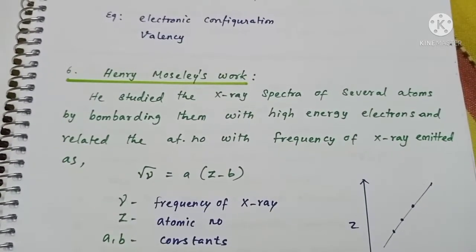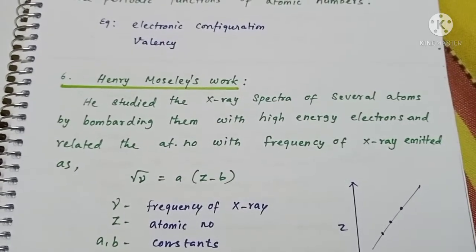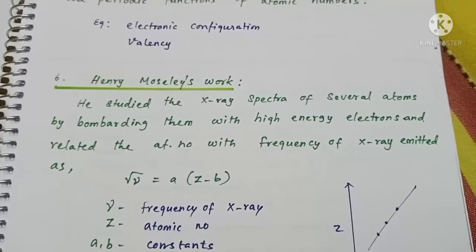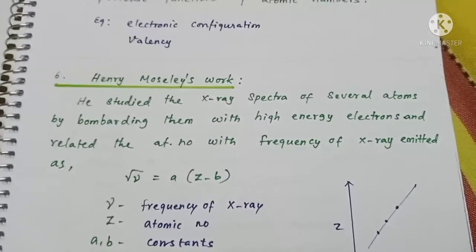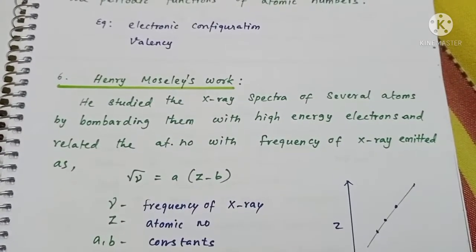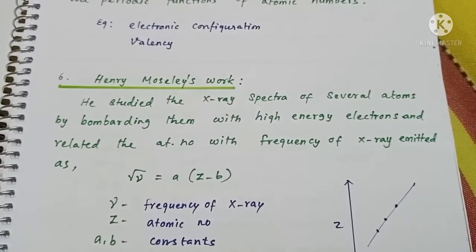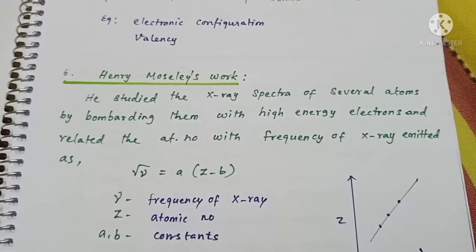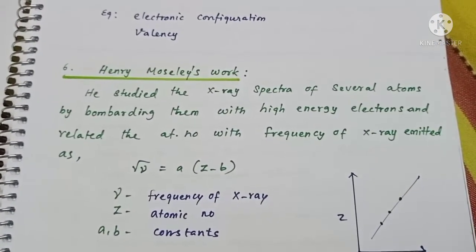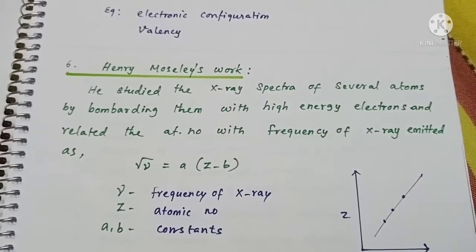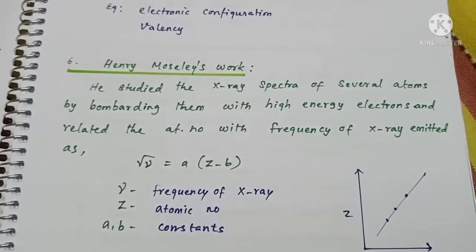X-rays were ejected from the atoms. He collected the X-rays, studied their properties, and from that he derived a relation: square root of nu is equal to a into Z minus b. This is a relation which relates the frequency of X-ray emitted from the atom with the atomic number.